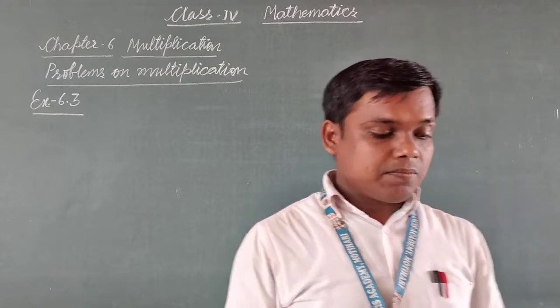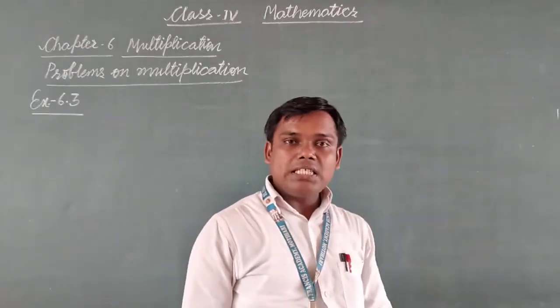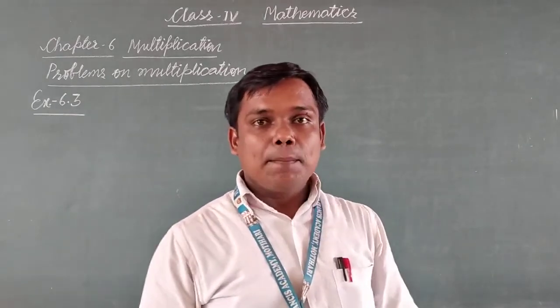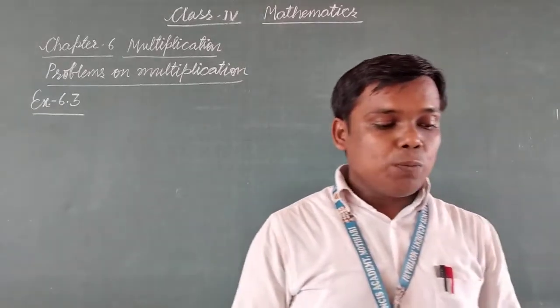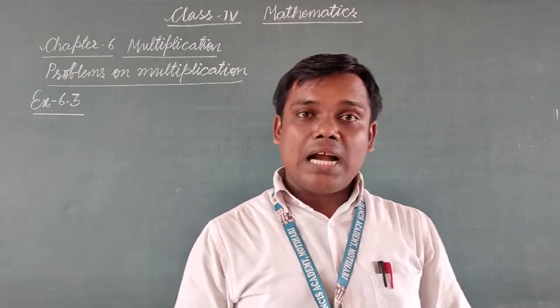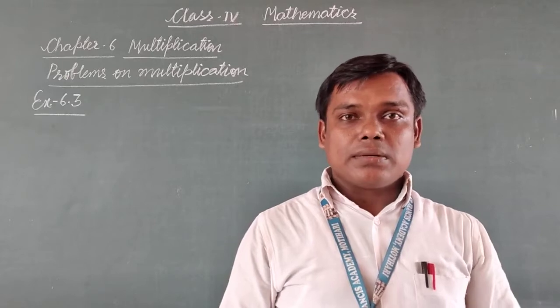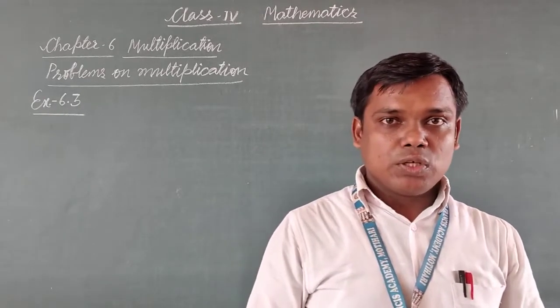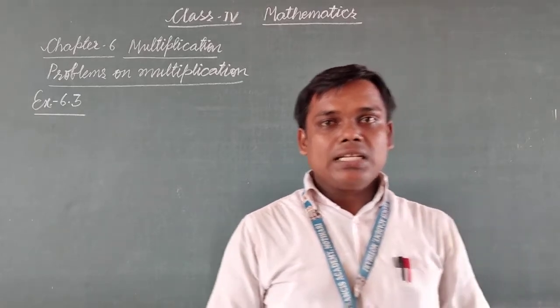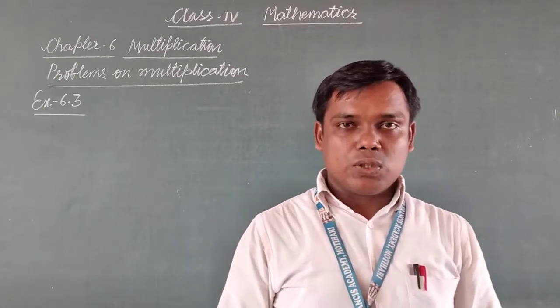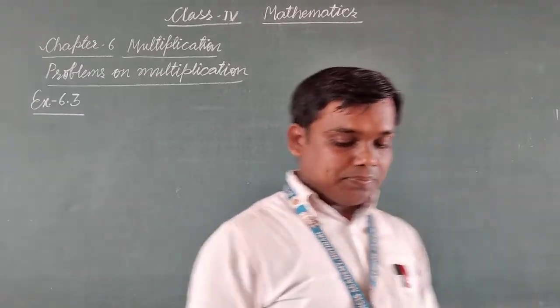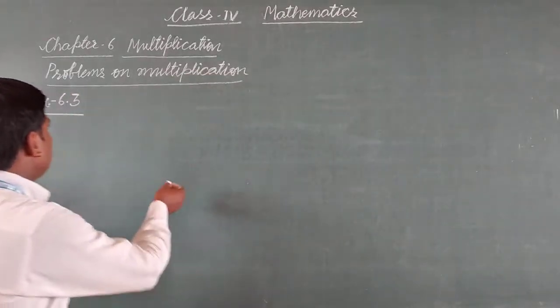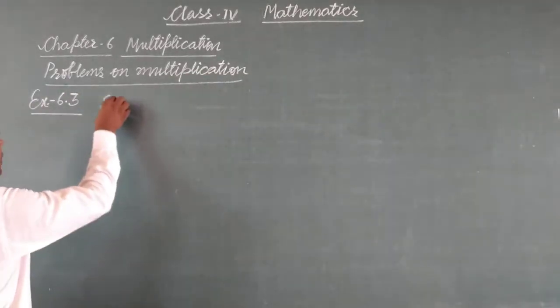It is given money saved by man per month is rupees 350 and asking the money saved by the man in 4 years. So we will write our solution in words also like this. Solution of question number 1.